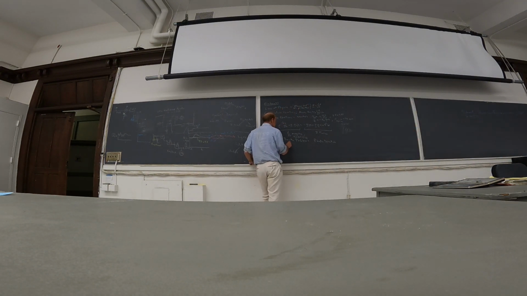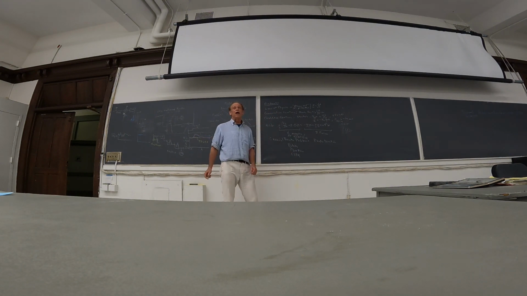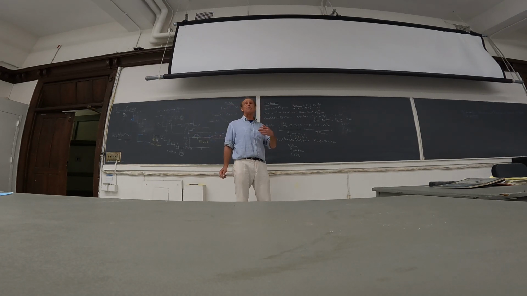But the types of reactors that you generally deal with are the batch reactor, the plug flow reactor, and the CSTR, continuously stirred tank reactor. I imagine you've heard these terms in 228. You may have even come up with the general steady-state equations.